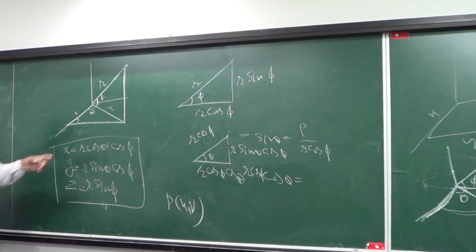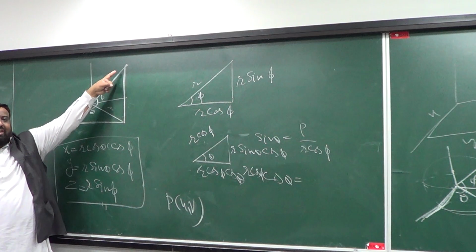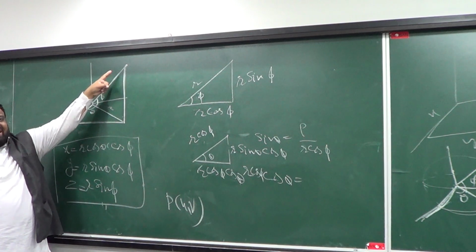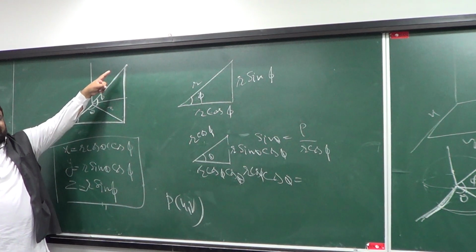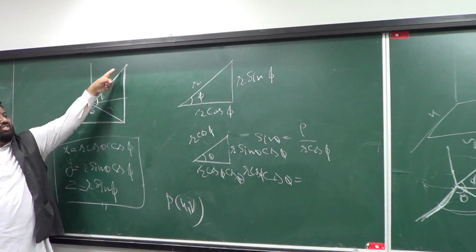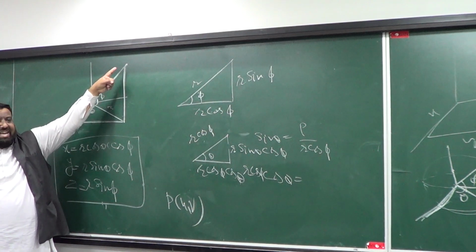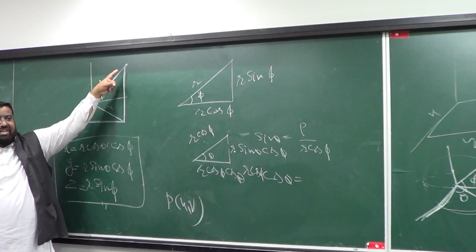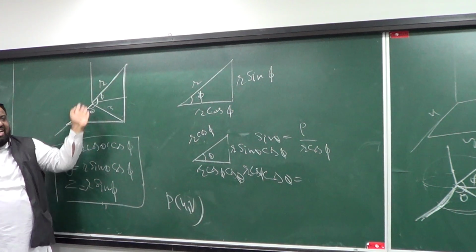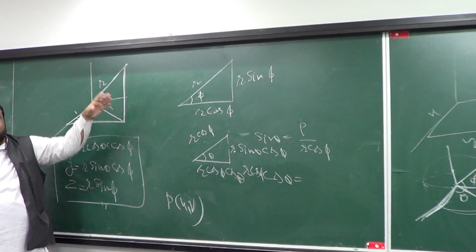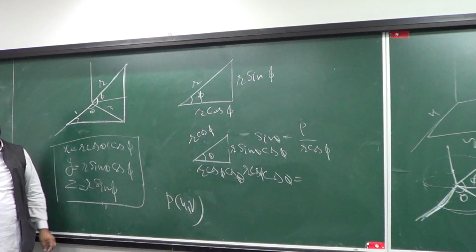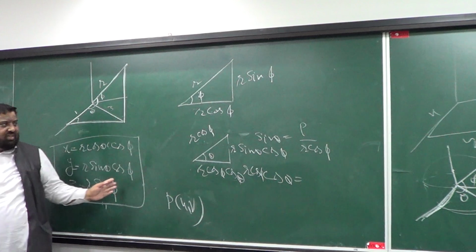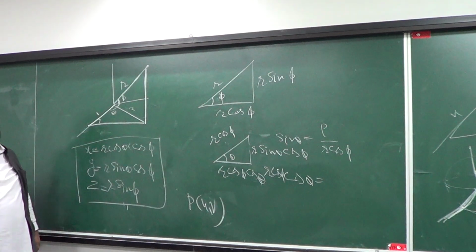But now I know that if I treat this as a point on the sphere and assume this distance is fixed, I can write the coordinates of this point lying on a sphere in terms of theta and phi, which was previously in terms of u and v. So you have the parametric representation of it.